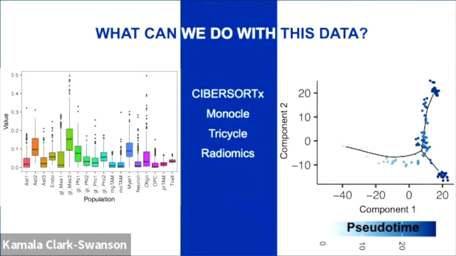And so what can we do with this data in terms of algorithms and more mathematical things? A couple of things that we're doing. Andrea mentioned yesterday CIBERSORT, which is a tool that we didn't develop. It's developed at Stanford, but it deconvolves bulk RNA signals using a single cell signature matrix. So Andrea spoke about this data set yesterday that's called LM22. It's got a bunch of different immune signatures.